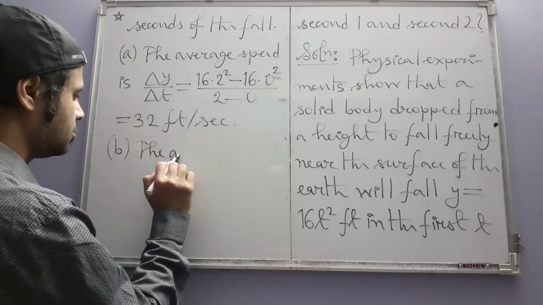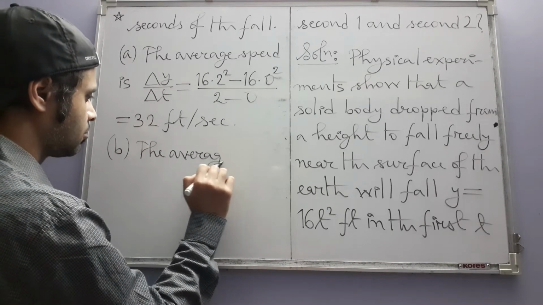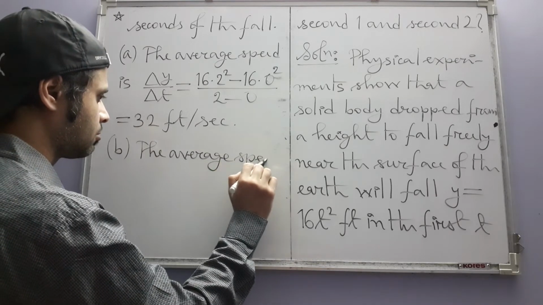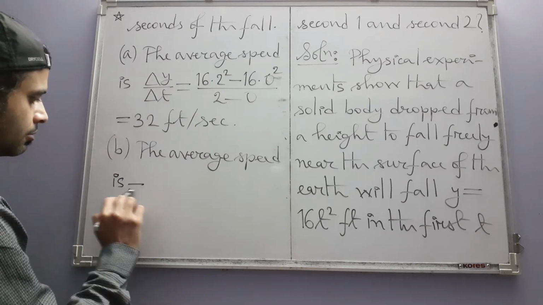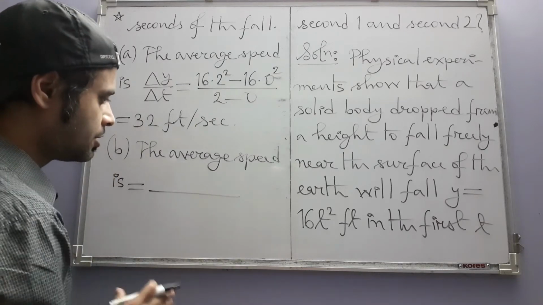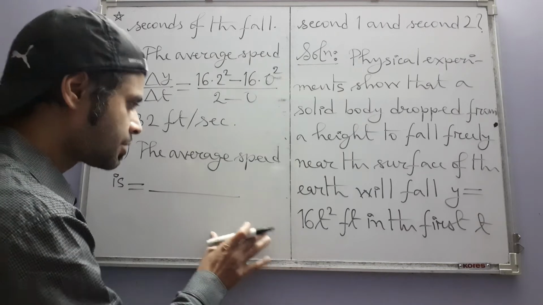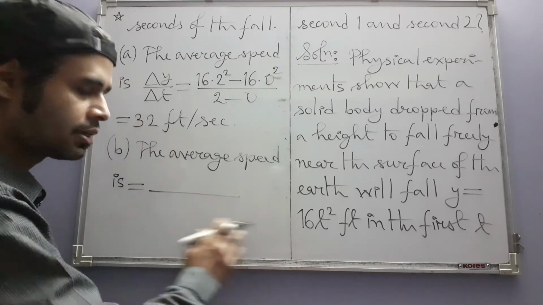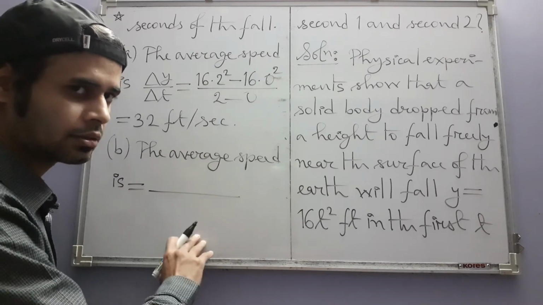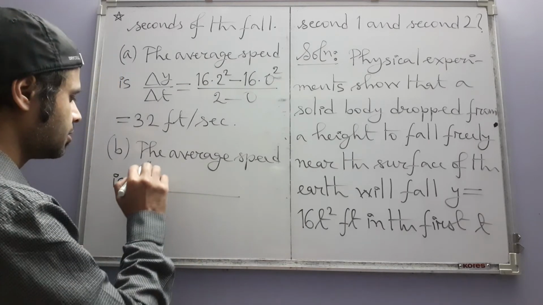And in part B, the average speed is, so this is the second interval, the 1 second length interval that arises in this situation.